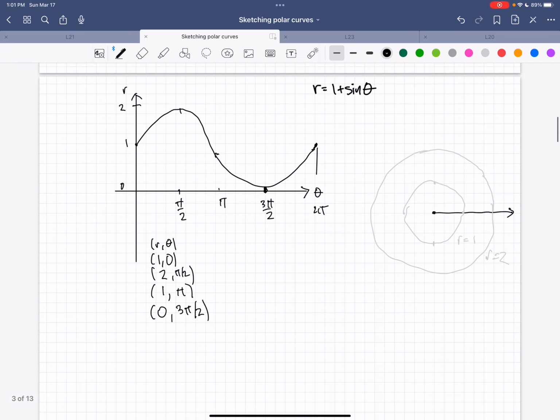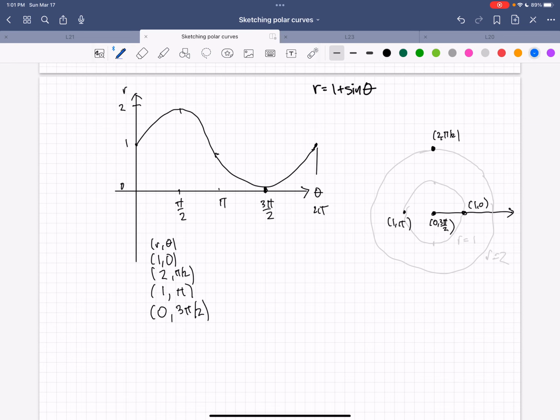When theta is 0, r is 1. That's this. Then when theta is pi over 2, r is 2. So that goes up here. Then when theta is pi, we've got r is 1 again. And then when theta is 3 pi over 2, we get a point at the origin.